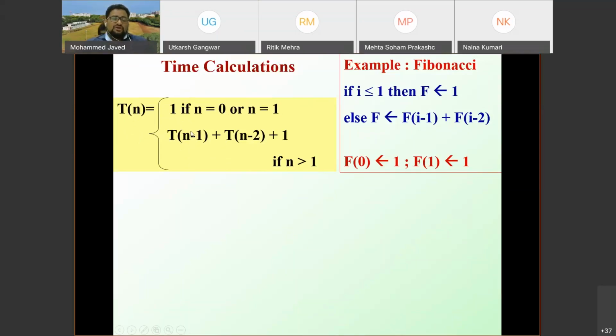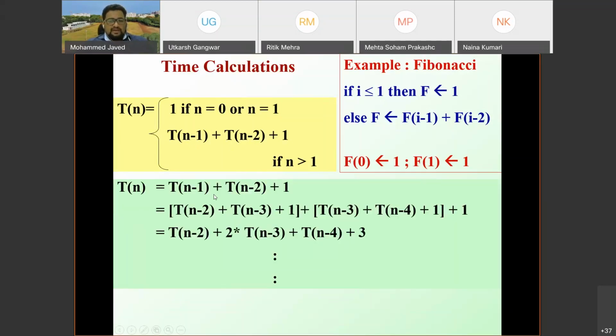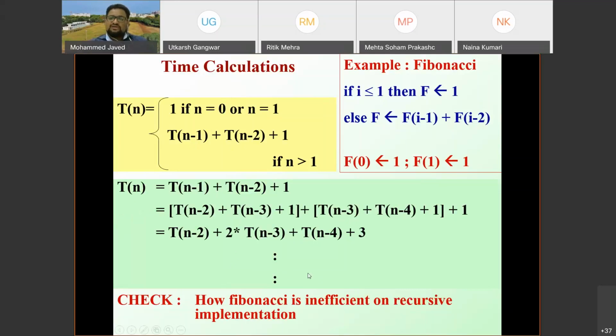This is the time required to get the n minus 1 answer, and this is the time for getting the n minus 2 answer here, plus 1 for addition. So once we have this recurrence relation and simplify it, if you see textbooks or the material, you would get the time complexity as O of 2 power n.